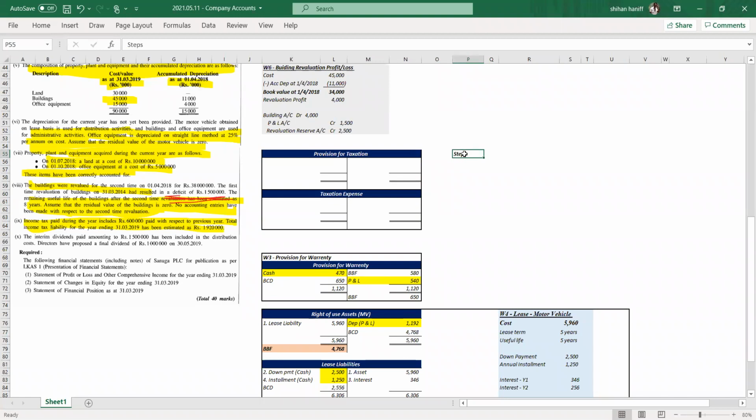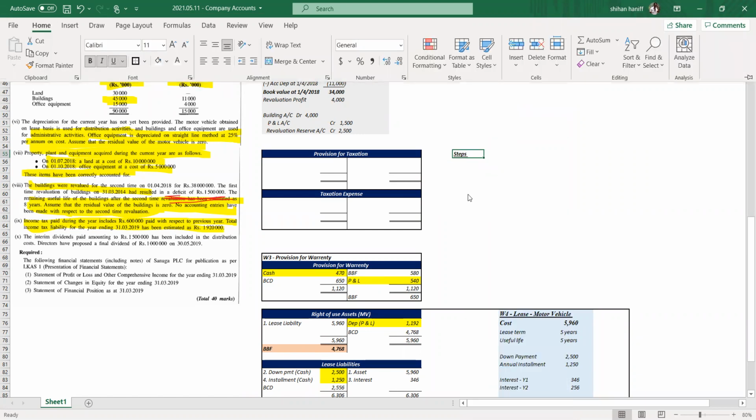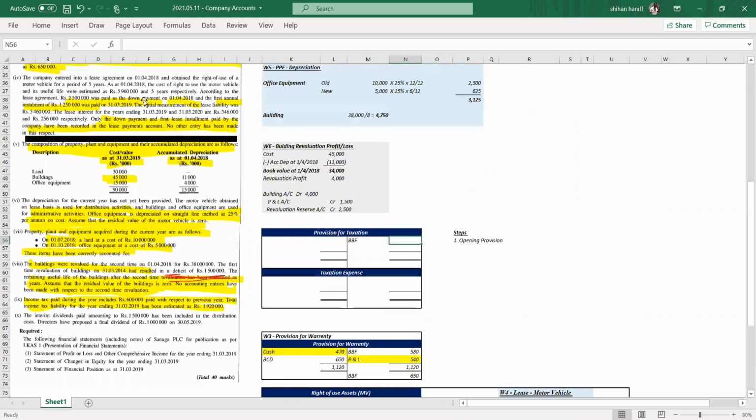Right. Then I'll give you the steps. Steps to do. First step, the opening provision. Opening provision was given in the trial balance.